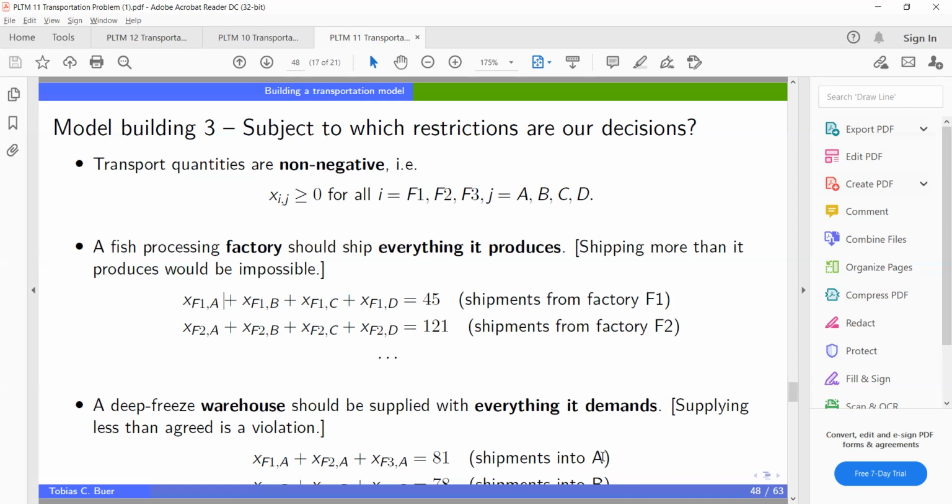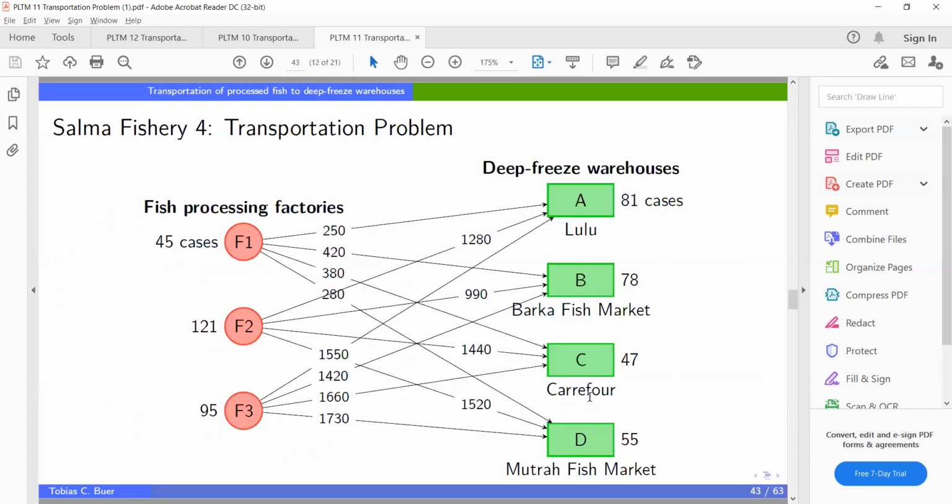We look at customer A, and we formulate X, everything that's coming from factory 1 to customer A, plus everything that's coming from factory 2 to customer A, plus everything that's coming from factory 3 to customer A is 81, because customer A requires 81 cases. And we formulate the same type of equation for customer B, for customer C, and for customer D.